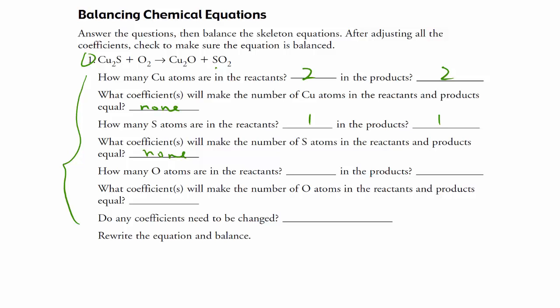But now it gets interesting. How many oxygen atoms are in the reactants? I see 2. That's what that subscript 2 tells you. Then in the products, I see 2 there, plus 1 here. Wow, that makes 3. Now things get a little more complicated. What coefficient will make the number of oxygen atoms in the reactants and products equal?